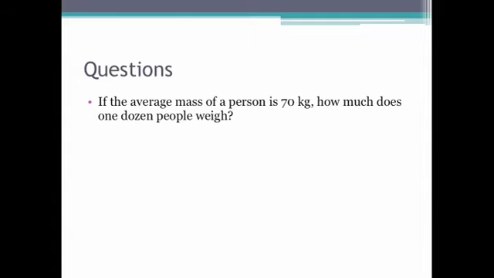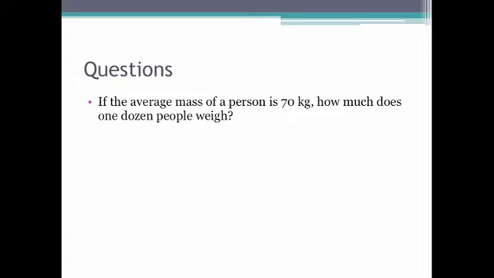Just in case you can't, and I know there's students that get a little bit freaked out by this number, again I want you to start thinking of a mole a bit like a very large unit of collective measurement, like a dozen. So if I said to you that I've got a bunch of people, a dozen of them in fact, and their average weight is 70 kilograms, I don't think you'd have any trouble calculating what their collective mass would be.